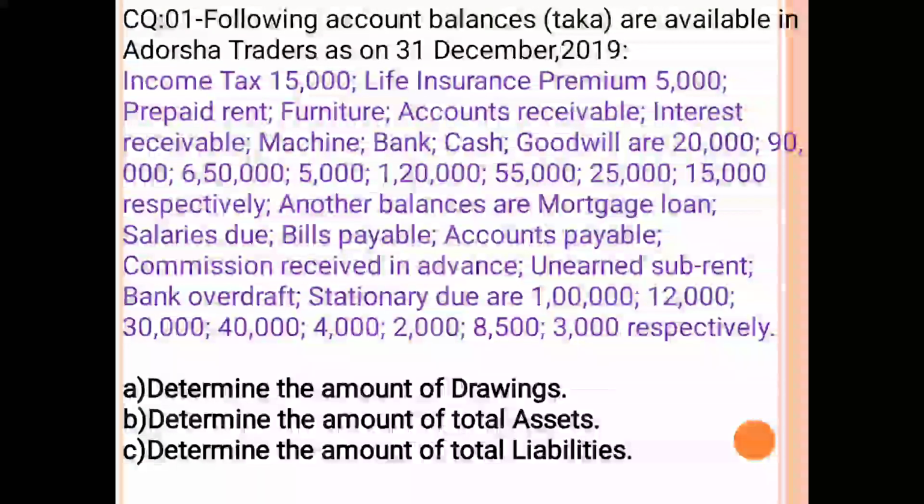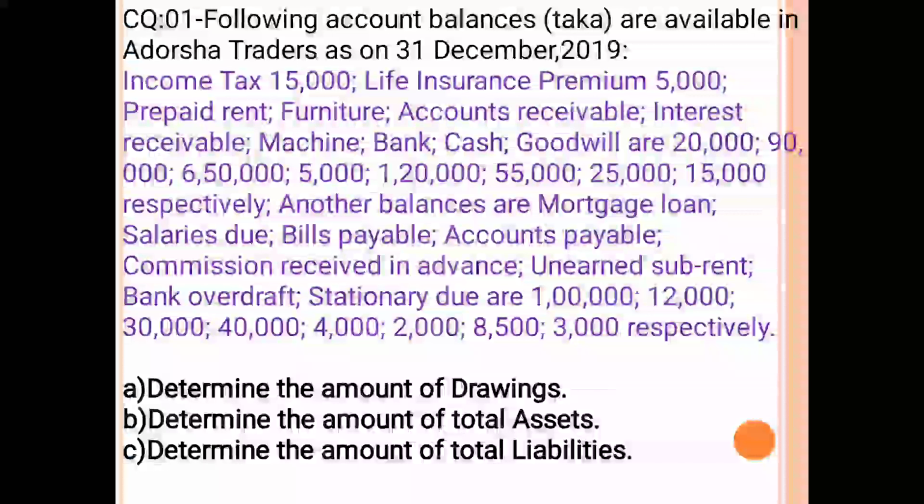Other balances are mortgage loan, salaries due, bills payable, accounts payable, commission received in advance, unearned sublet rent, bank overdraft, stationery due are taka 1,12,000, 30,000, 40,000, 4,000, 2,000, 8,500, 3,000 respectively.